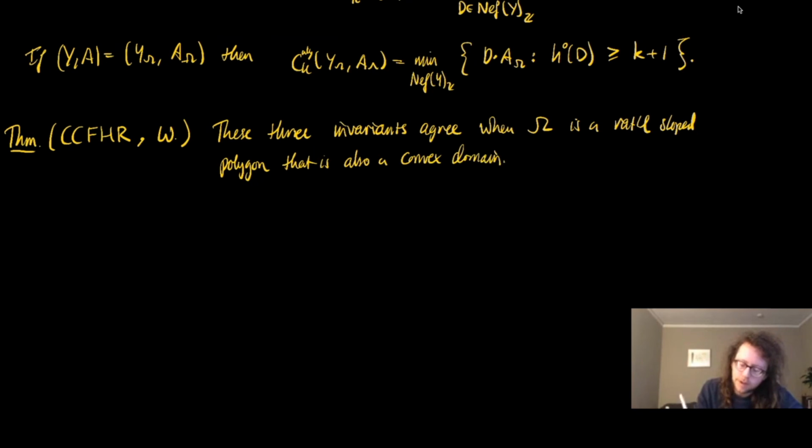And remember that in the case of rational sloped polygons or rational sloped polytopes in general, being a convex domain really just means that you have a smooth torus fixed point.